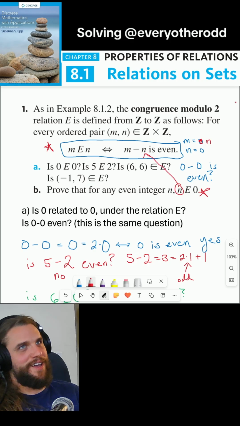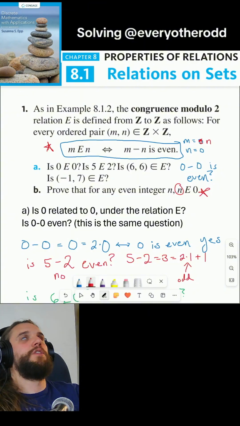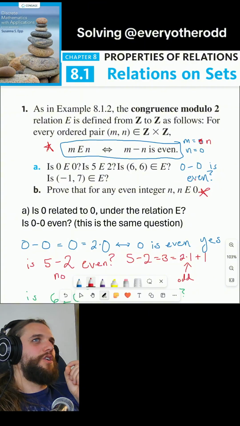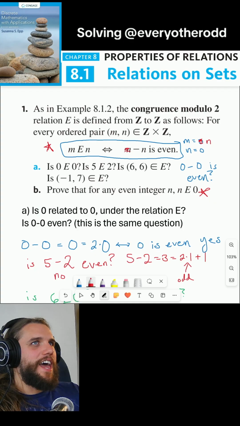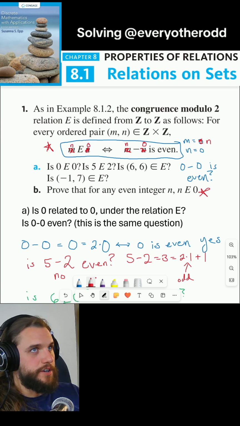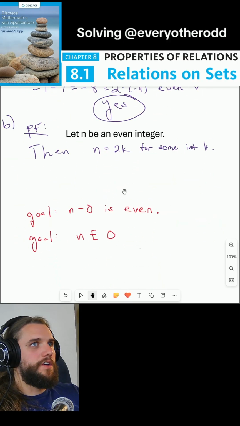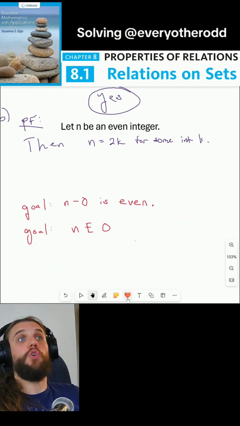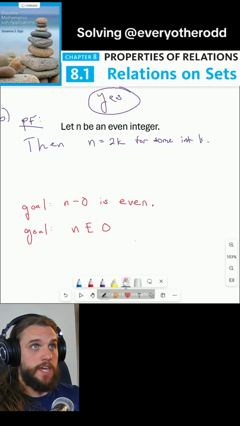Just keep that in mind. These have very different localities to them. So we need to show that n minus 0 is even in order to justify that n is related to 0. So that's why we have a new goal that's much easier to attain.